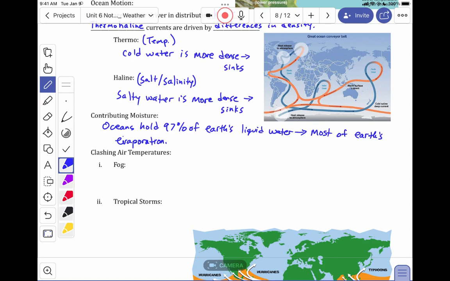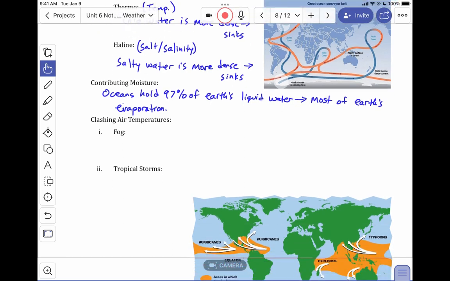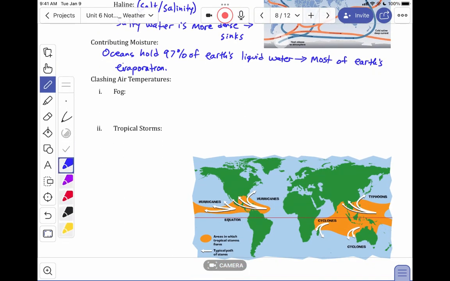All right, so clashing air temperatures. First we're going to look at fog. Maybe you have seen those around on cold mornings in particular. So fog is when you have a cold air mass. By air mass, we just mean a big section of air. It's going to get trapped under a warm air mass. And the dew point, that's the temperature at which the air can't hold all of that moisture anymore.